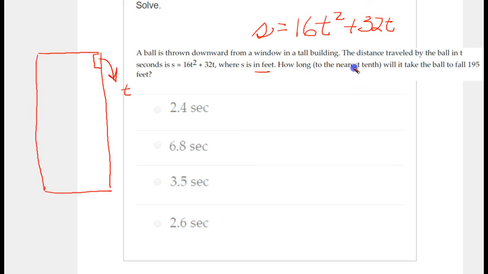How long to the nearest tenth? So they're telling you what they want you to round it off to.